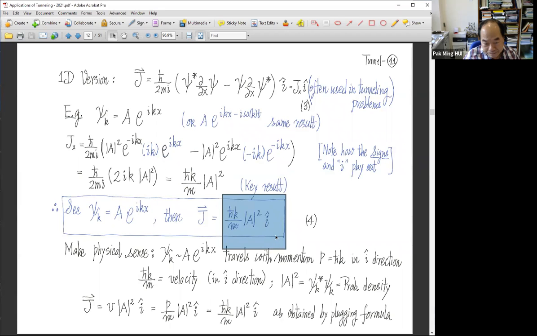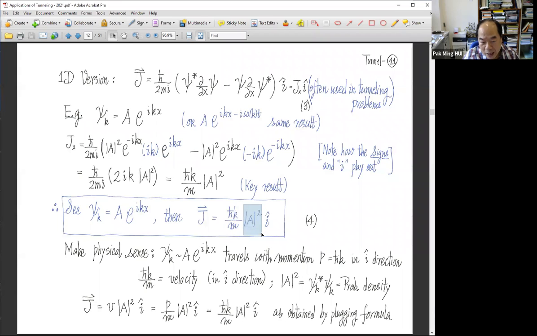That's it, okay? Now, if you think about the physics, it also makes sense. You can almost obtain this form without plugging in the formula. If you realize that this is the momentum, this is freely traveling, okay? Then momentum divided by m is the velocity, okay, the speed.